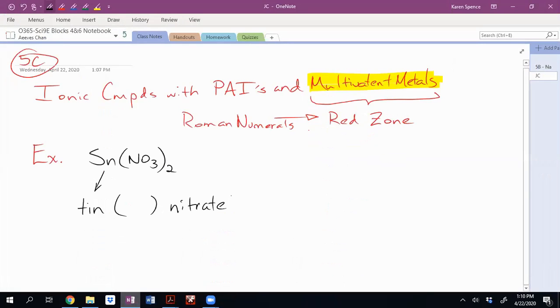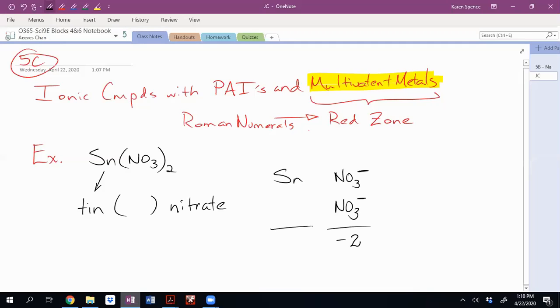And we know that nitrate has a -1 charge, and that's going to be important because to figure out the charge of tin, we have 1 tin, we have 2 nitrates. Remember, just like in the non-polyatomic compounds, we write down how many ions we have of each, and we write down the charge on the anions. We find the total negative charge, which in this case is -2.